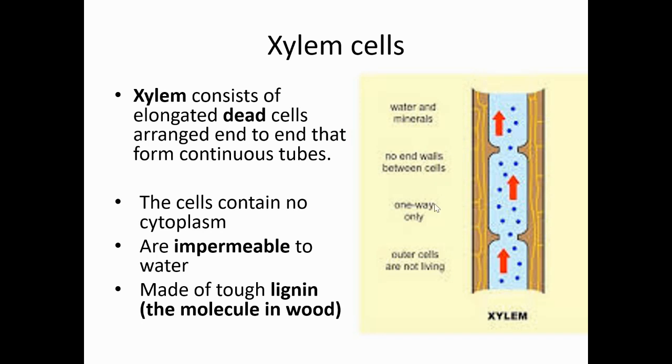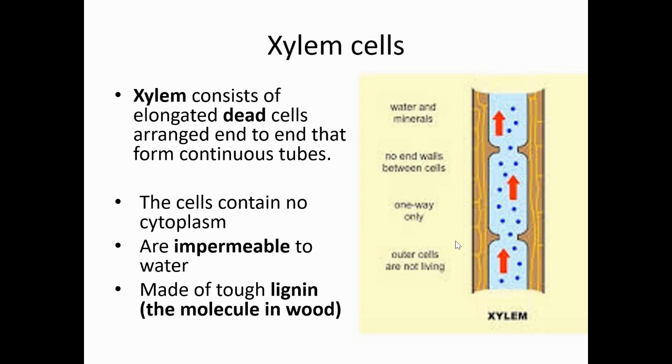So this is the word that AQA use. So you do need to recognize it, but it basically means they're waterproof. Okay, so water can't seep out of them once it's inside the tube, and they're made of lignin. So this is another key word for today's lesson, lignin, and it's the chemical that's in wood that gives it its strength, I suppose.